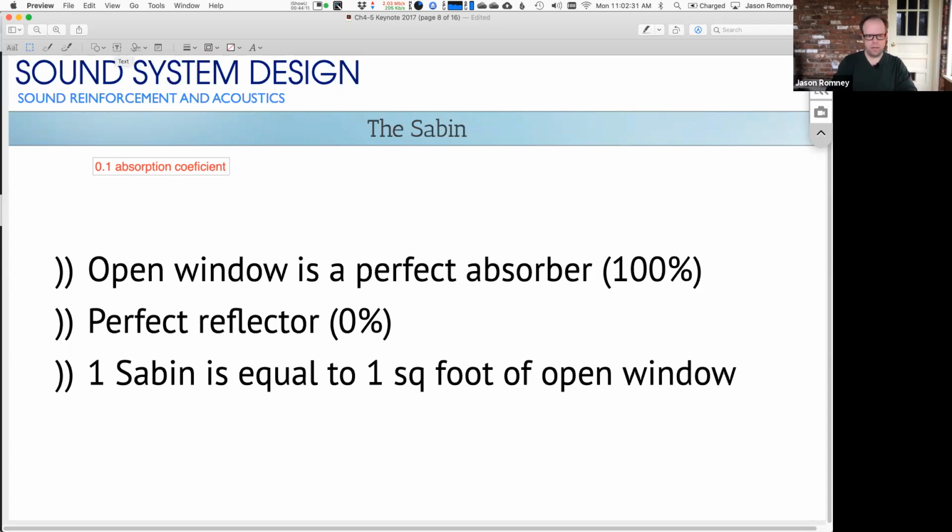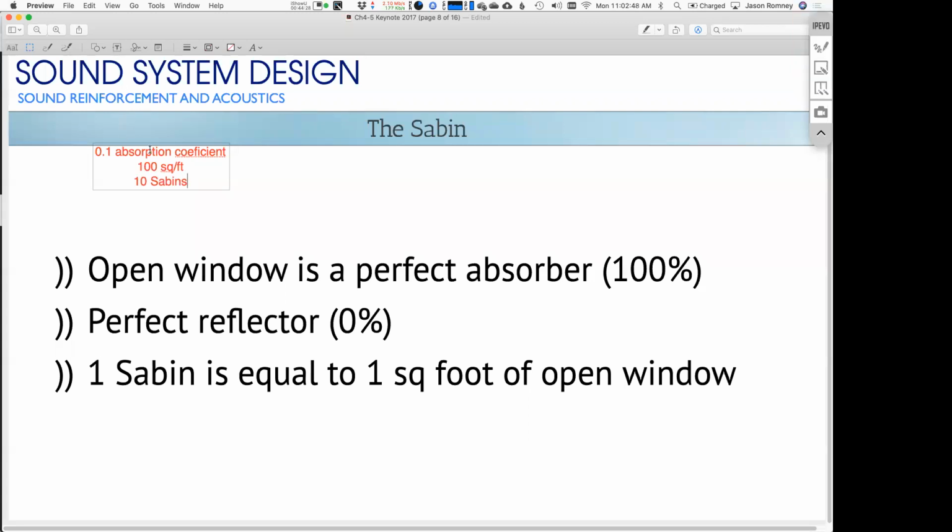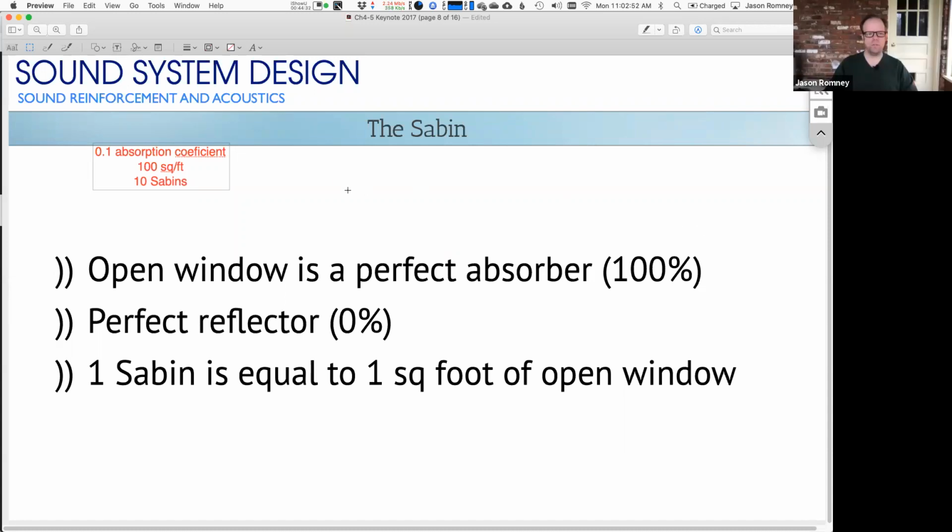Okay. Now let's say I have 100 square feet of that material. Then that is equivalent to 10 Sabines. And a Sabin is an open window? 1 square foot of open window.